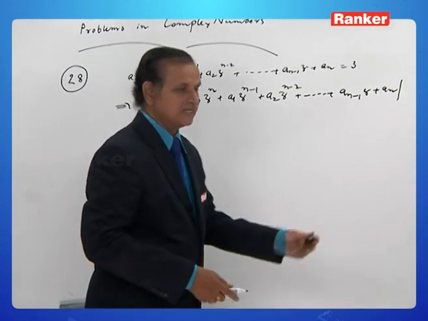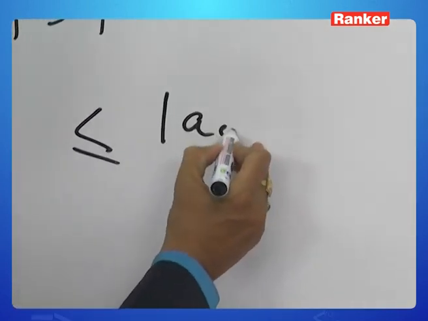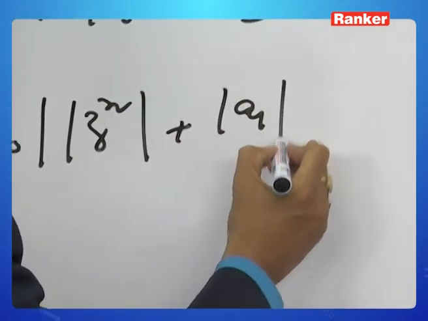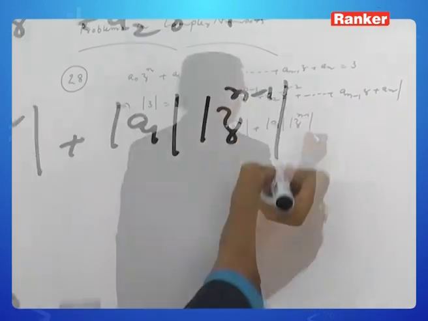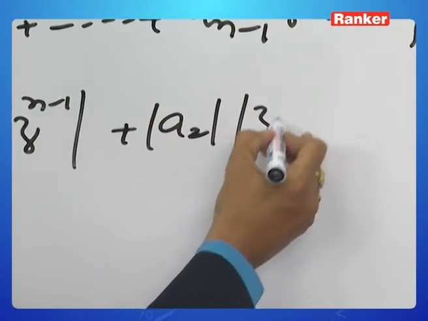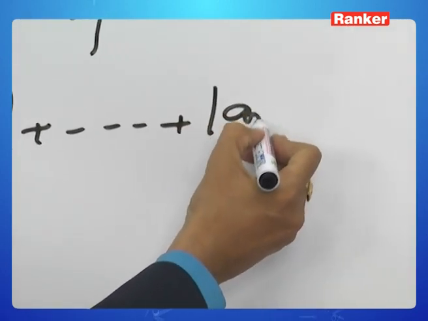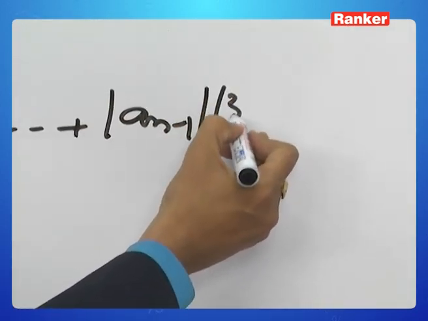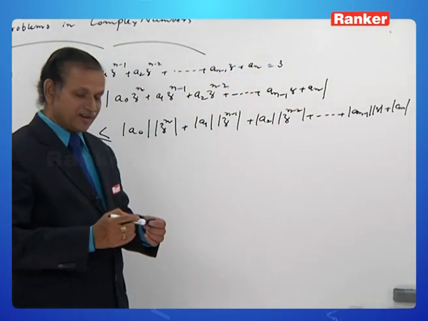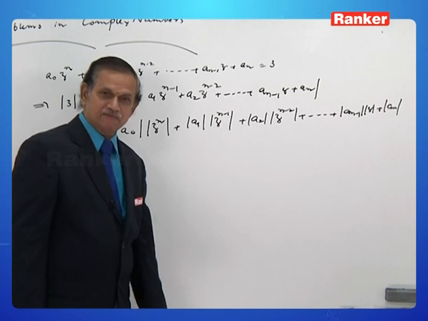Hence, this can be written individually as less than or equal to |a0| |z|^n + |a1| |z|^(n-1) + and so on. With what authentic rule have we done this step?